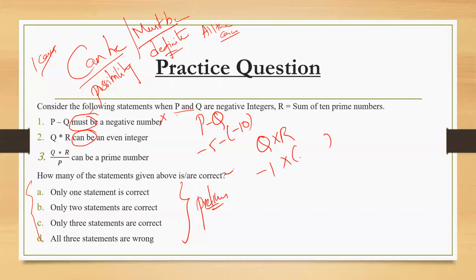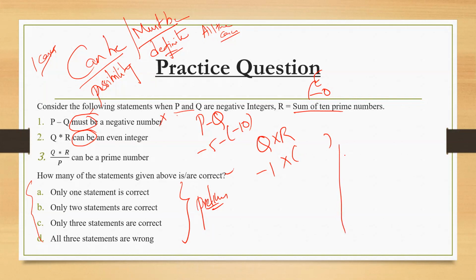Okay, even that is fine. What is the logic behind it? It is even. Acha, tell me first, the sum of 10 prime numbers, will it be even? Will it be odd? What will be the scenario here? I'm asking this to everyone.